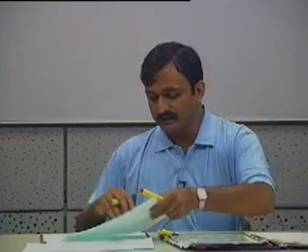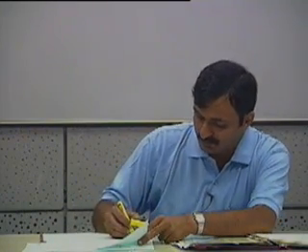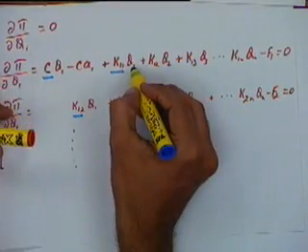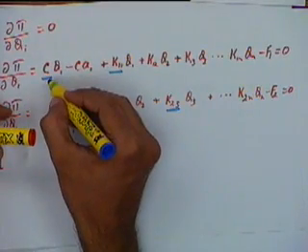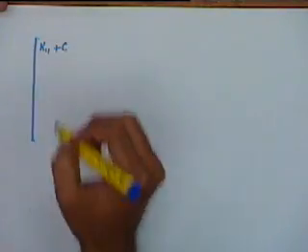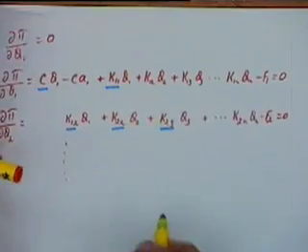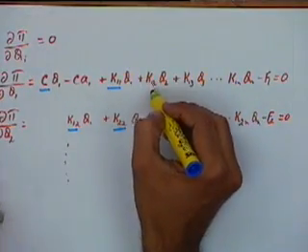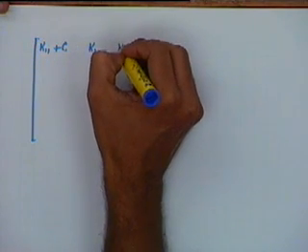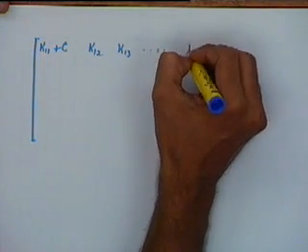So when I write it in the matrix form, the coefficient of q1 is k11 plus c. So the first term here will become k11 plus c. The coefficient of q2 is k12. The other terms will remain the same, k12, k13, so on till k1n.